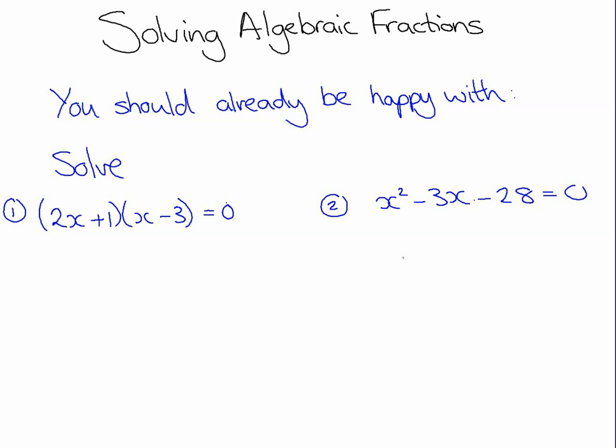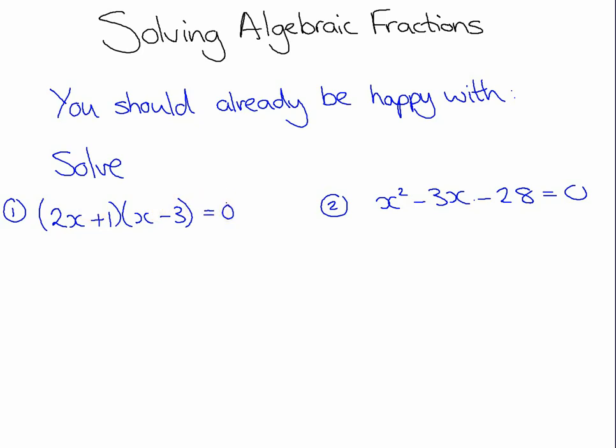So this one on the left here, question number 1, we have a bracket being multiplied by another bracket and that equals 0. When we have a multiplication that equals 0, you need to understand that if this one was 0 and that one wasn't, 0 times whatever this would be is 0.